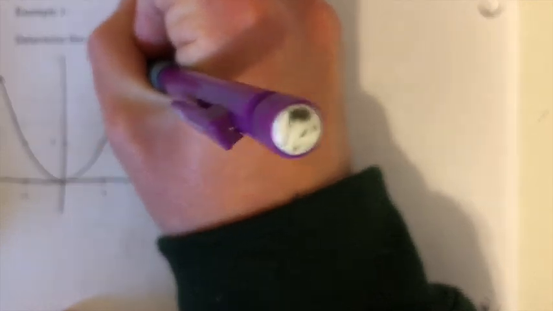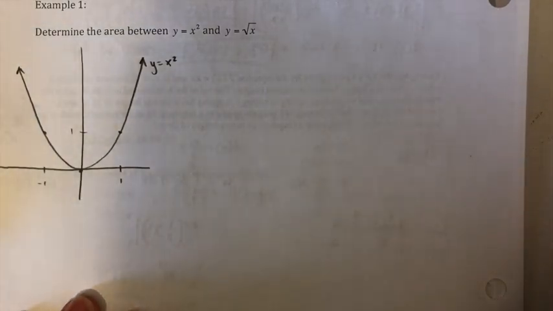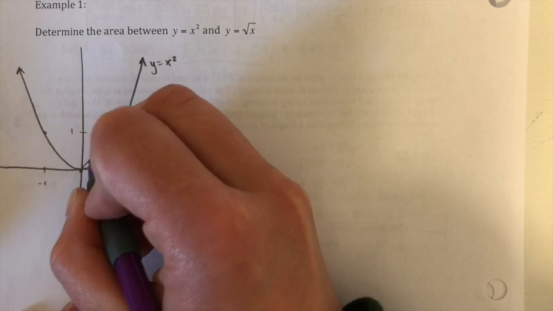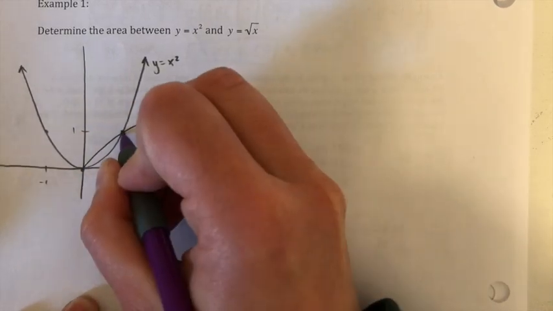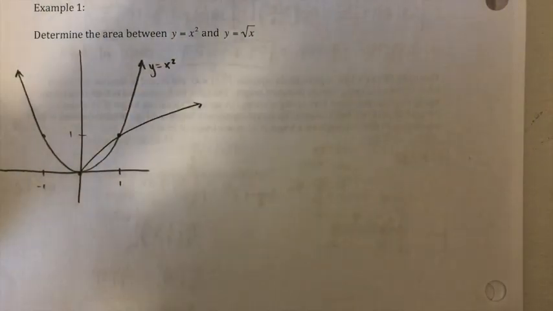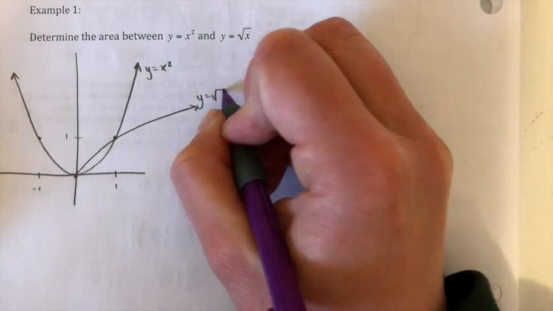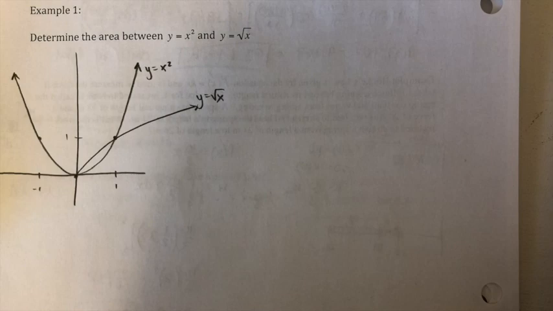So there is y equals x squared. And then the other one we want to do is y equals root x, and we know that that's going to be above that. Okay, so there are our 2 graphs, and we could confirm that by graphing them.